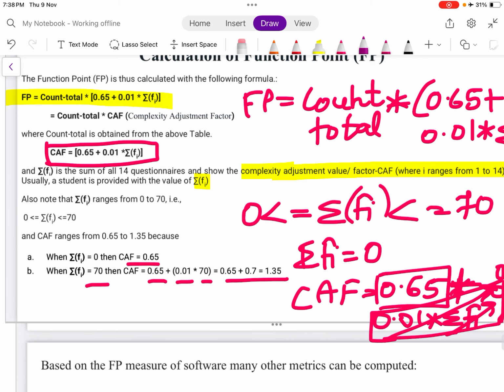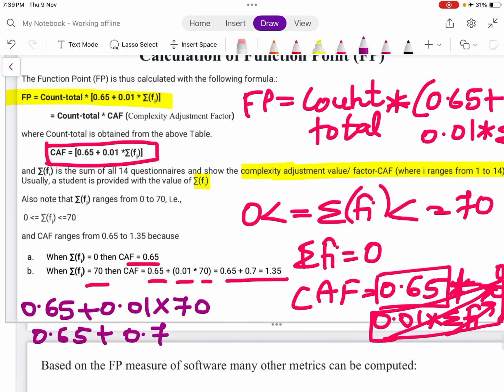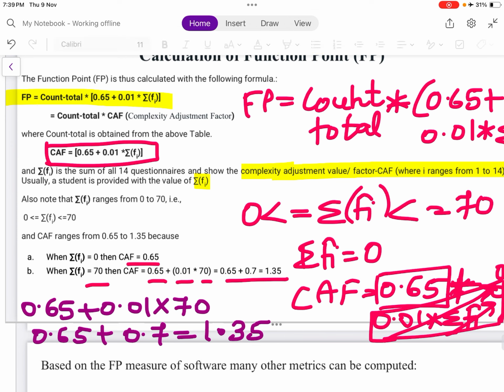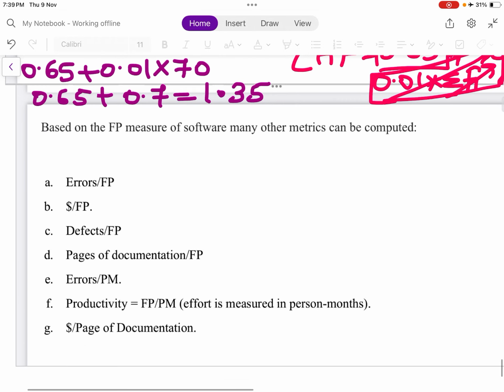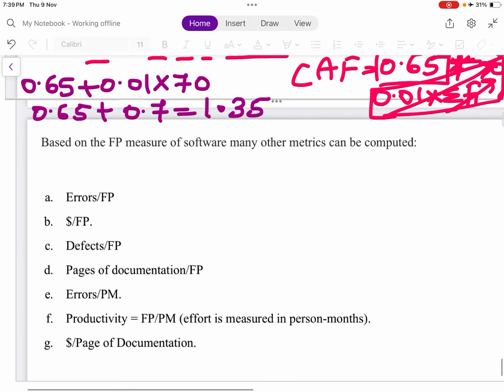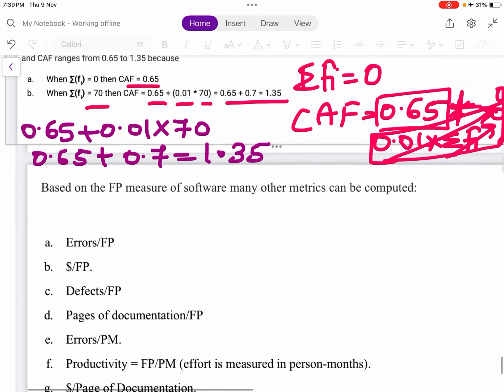If you put that equal to 70, then you get 0.65 plus 0.01 into 70, which comes out to be 0.65 plus 0.7, that is 1.35. So these are formulas of CAF and FP. What is FP? Functional point analysis. What is CAF? Complexity adjustment factor. So all these things can be calculated based on the FP measures.